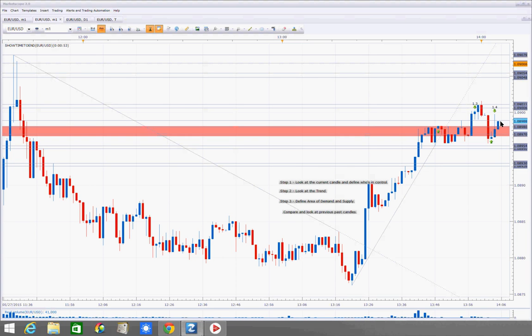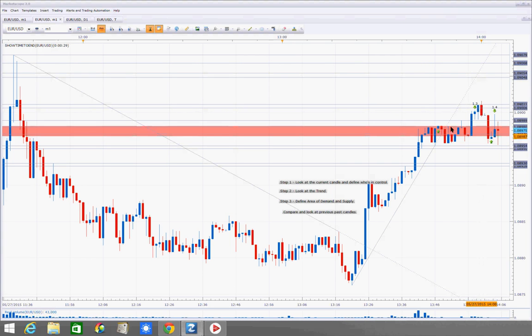Then create a lower high. Once the lower high has been established, then you have to what? Okay. Got it way too early. Maybe not. Okay, there you go.